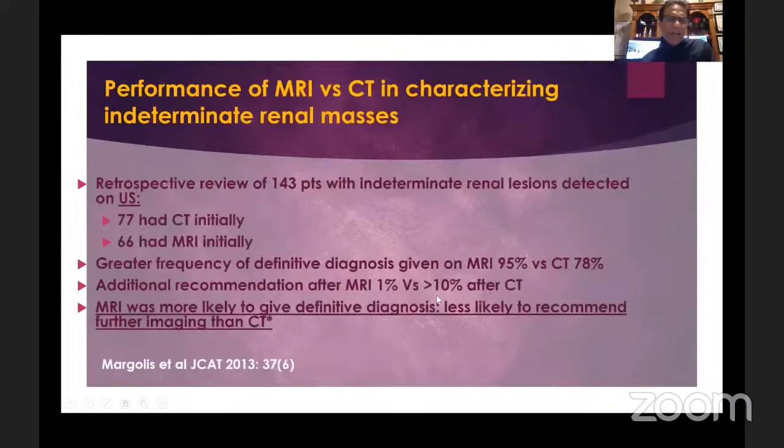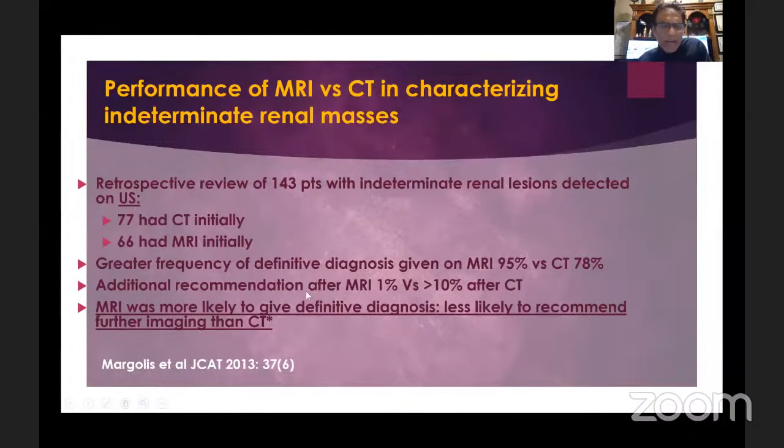So how do CT and MR perform in characterizing indeterminate renal lesions? Margulis and his group performed a retrospective study of 143 patients with indeterminate renal lesions detected on ultrasound. 77 had CT, 66 had MRI, and MRI showed definitive diagnosis in 95% of patients versus 78% on CT scan.